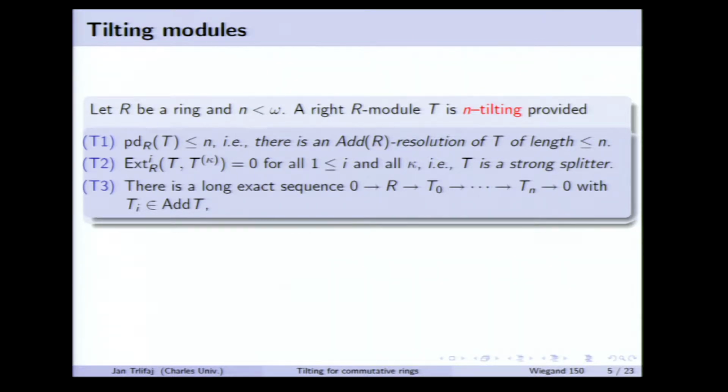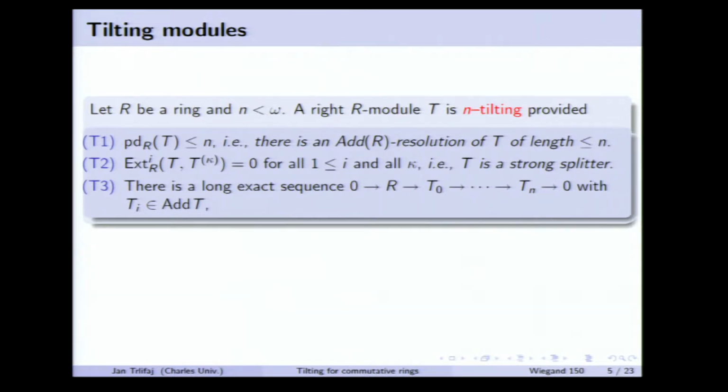So the setting is you have a ring, any associative ring with unit, and a finite number n, and you say that the module T is n-tilting if it has the following 3 properties, denoted usually by T1, T2, T3. T1 just says that the projective dimension is bounded by n, so it has a projective resolution, if you want, of length at most n. The second condition is there are no self-extensions, and even in the stronger sense, that Ext^i of T and the direct sum of copies of T vanishes for all i at least 1.